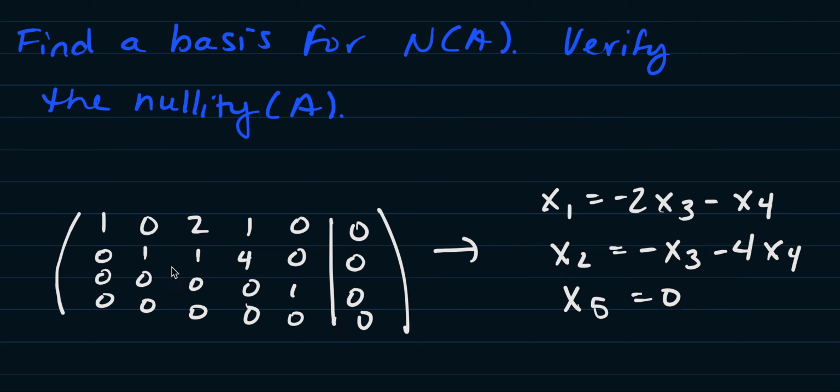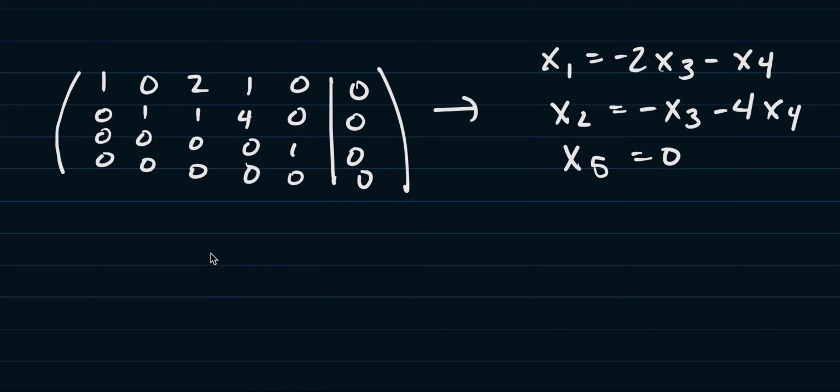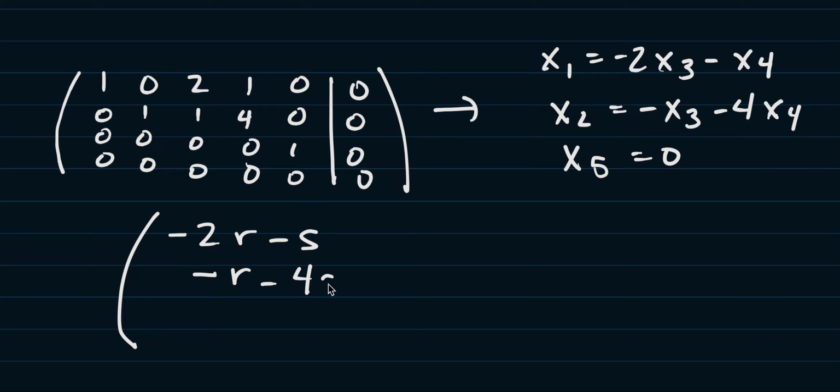So let's just double check. Sometimes when I talk, I don't write down the right thing. I think that's right. So the null space consists of vectors that look like negative 2r minus s, negative r minus 4s. It's x1, x2. x3 we're letting be r. x4 I'm going to let be s. Also be careful here. Make sure you put them in the right order.